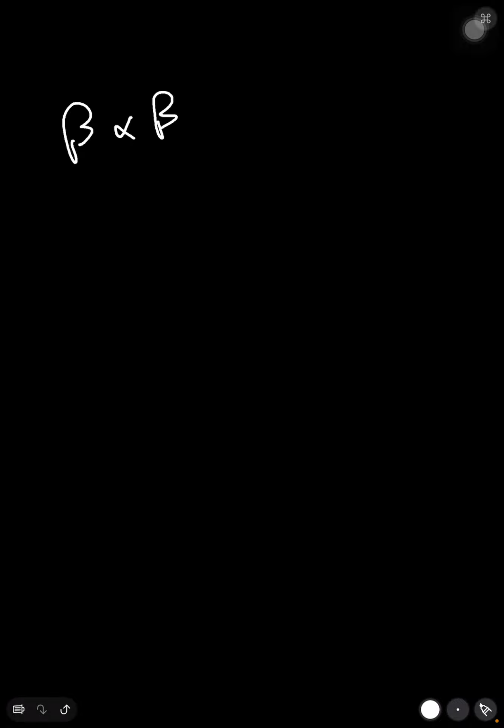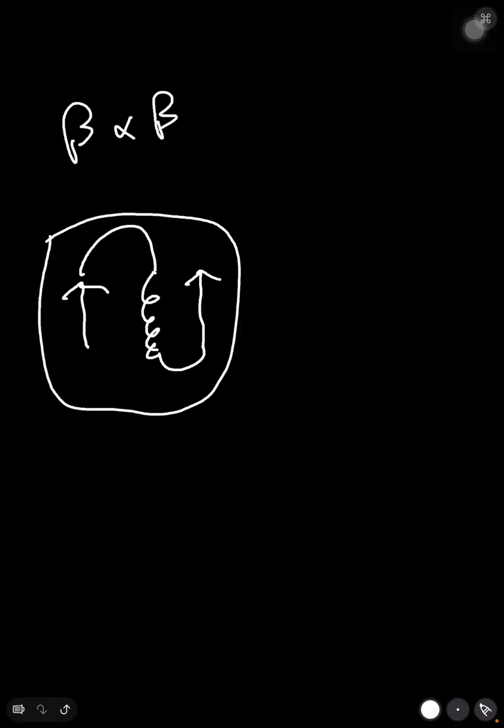Another one is beta-alpha-beta. So let's say I might use the arrow to represent a beta sheet. You could have a beta sheet connected to an alpha helix bonded to another beta sheet, right? And collectively, that would be called a beta-alpha-beta.